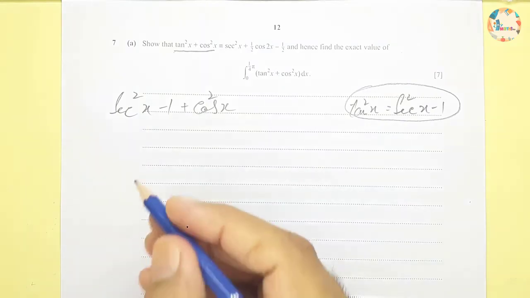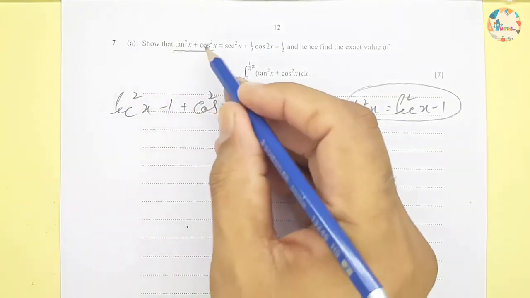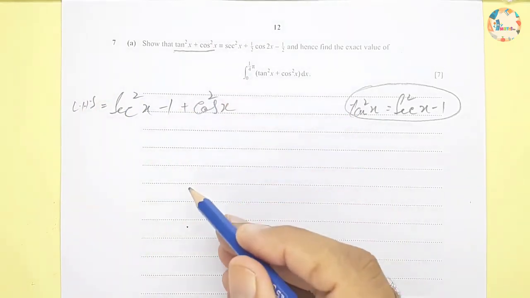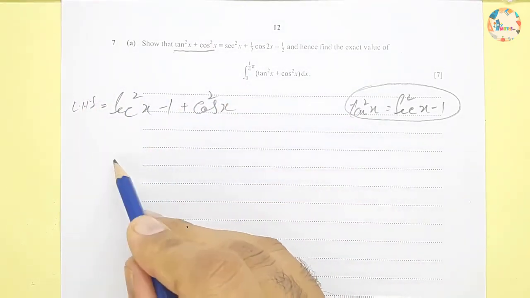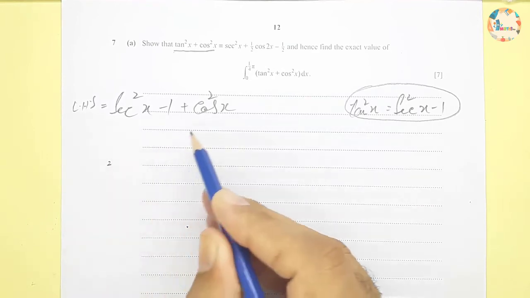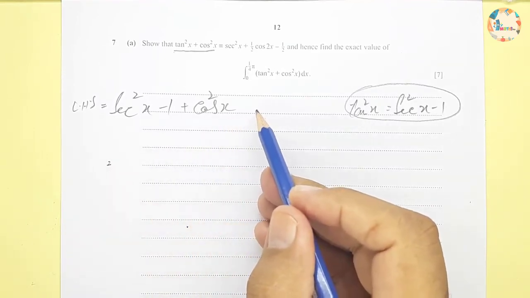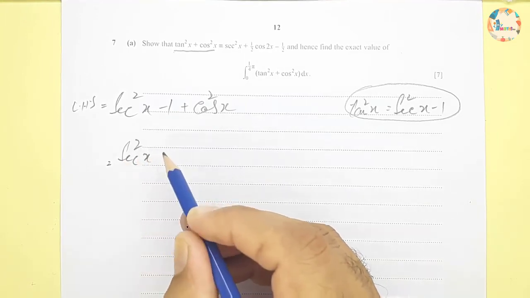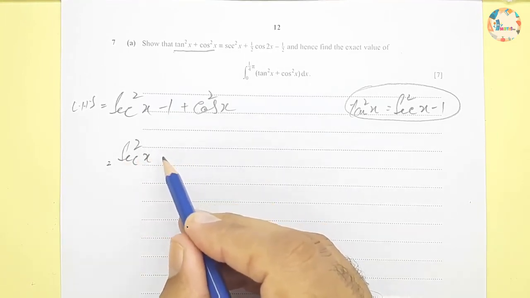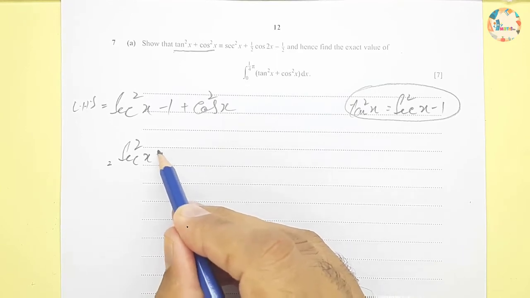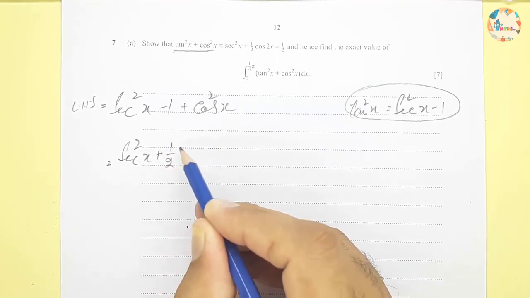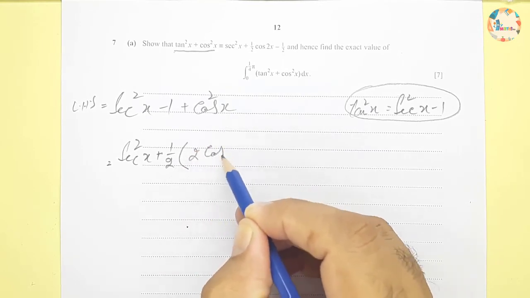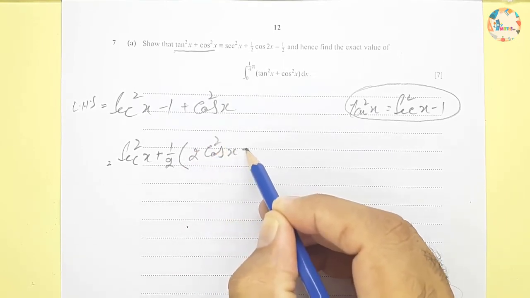Now we can take 1 by 2 common, so it will be secant square x plus 1 by 2 times 2 cos square x minus 2.